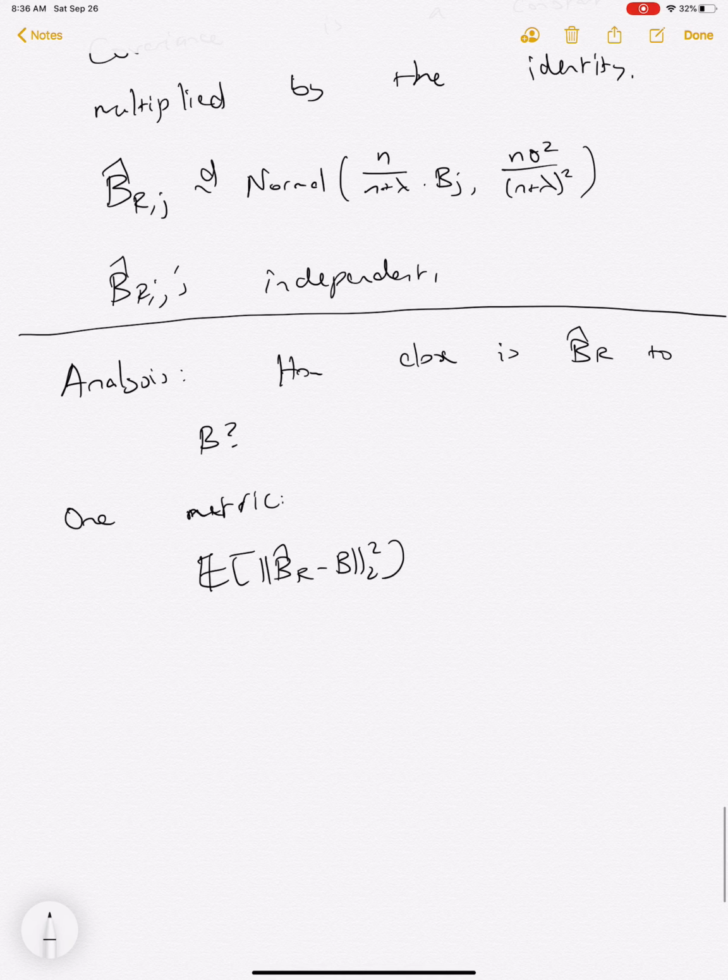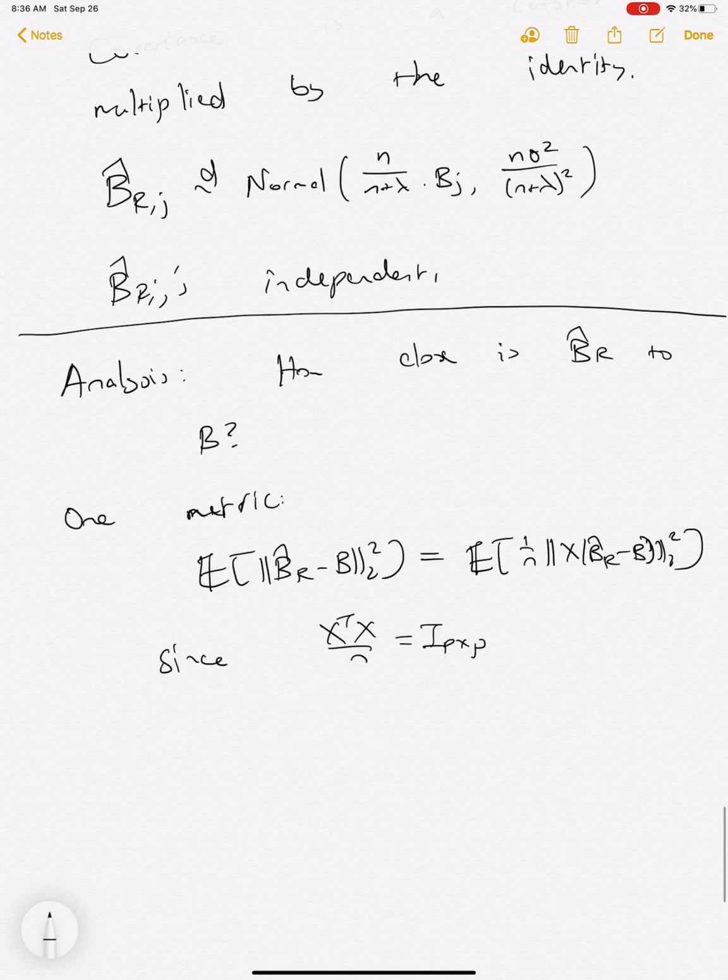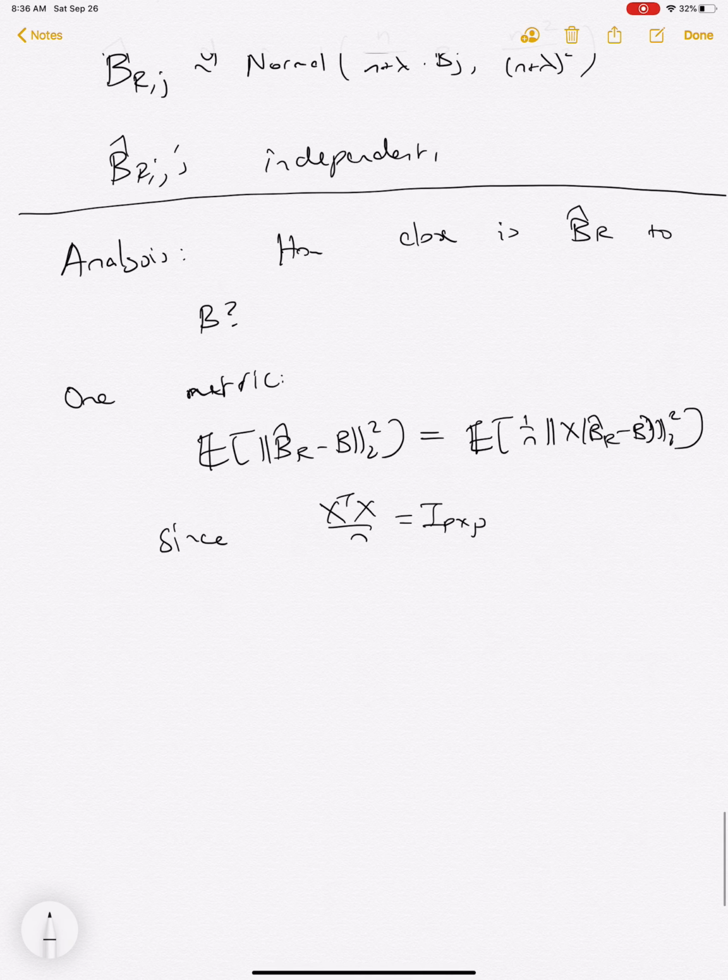And also note that under this assumption that X transpose X over N equals the identity, these two metrics are the same, so we're only going to focus on this one metric.